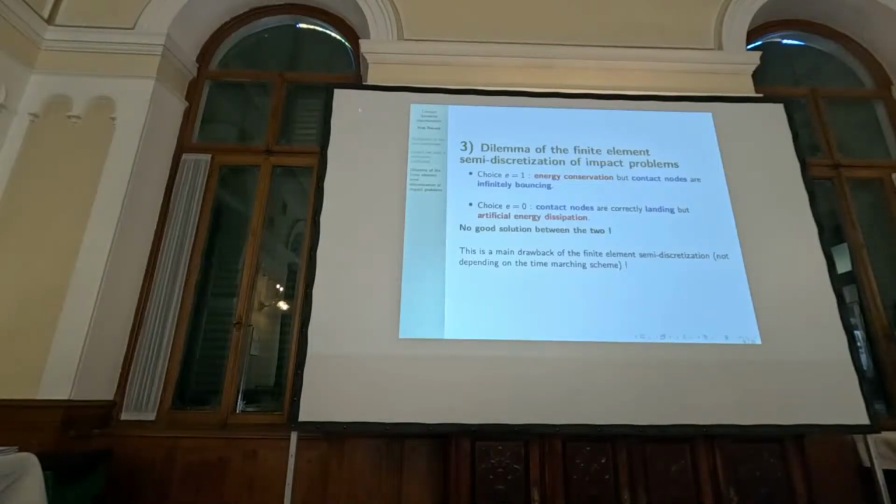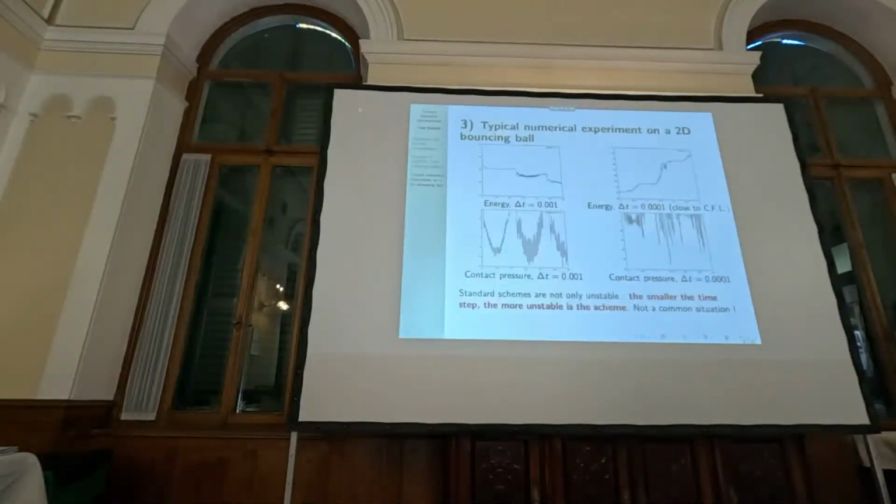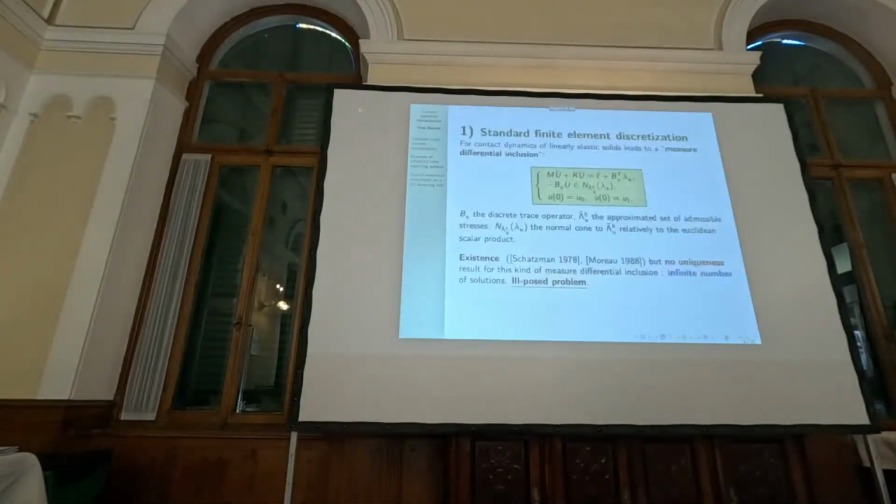So they land correctly from the deformable body point of view, but of course you dissipate energy, only at the contact, which is not physical in a sense. So there is a dilemma. The previous equation has many solutions, but in a sense, none is completely satisfactory.